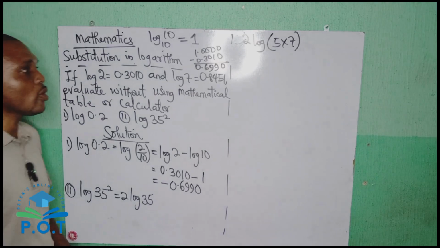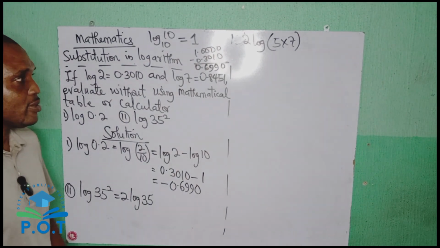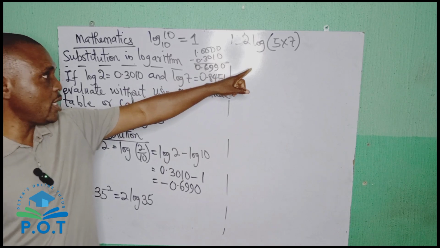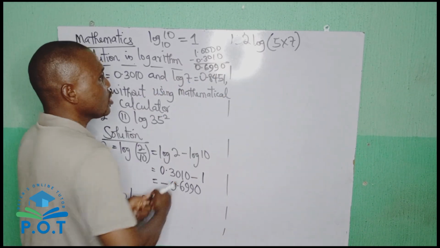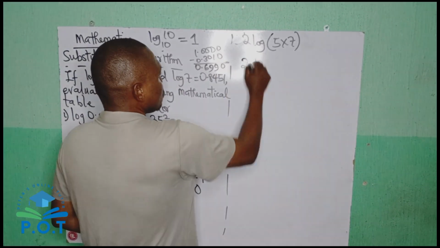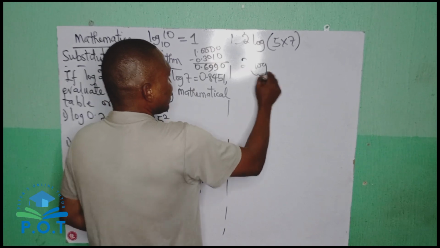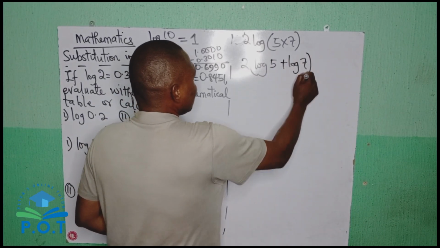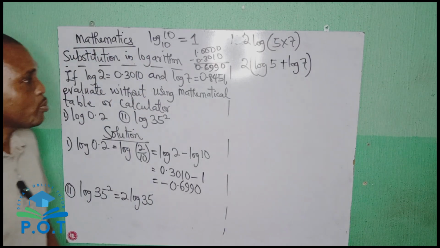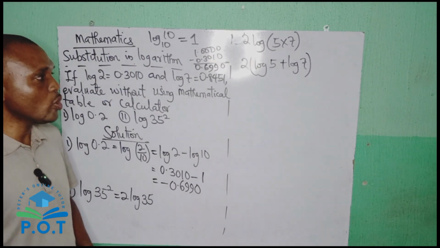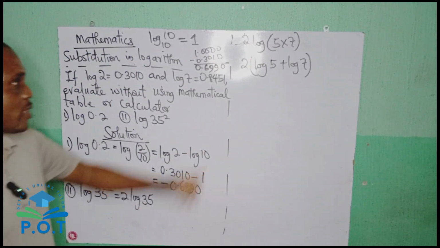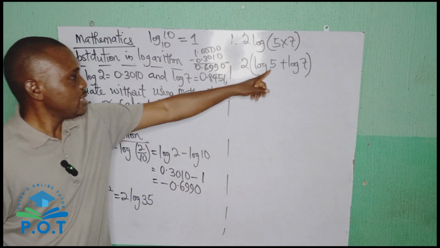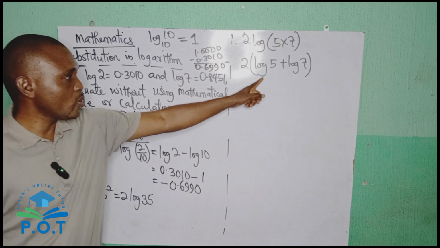Now, going back to the laws of logarithm, we can change this to 2, put the bracket here, log 5 plus log 7. Look at this, 2 brackets open log 5 plus log 7. So it's part of the laws of logarithm.